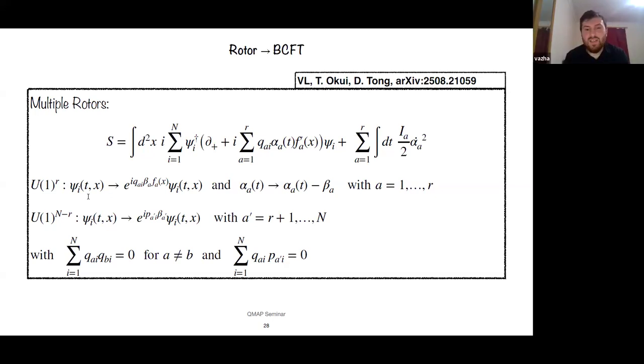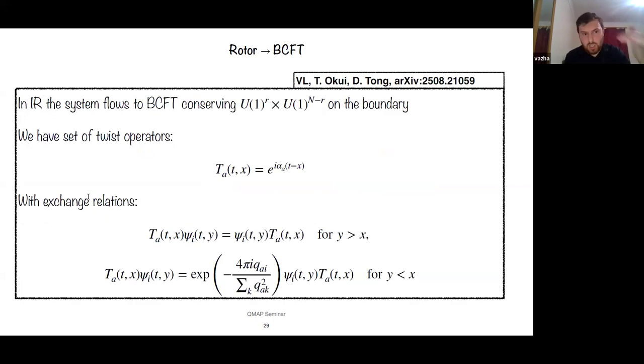Okay, so we have this anomaly-free symmetry group, and in the CFT literature, such a system has been studied before with such a symmetry. In all of these cases, we showed that in the IR, this system flows to the corresponding boundary conformal field theory, conserving U1R cross U1 n minus r on the boundary.